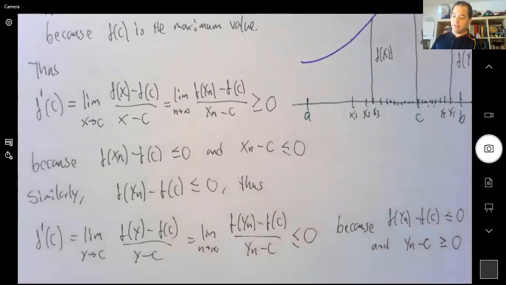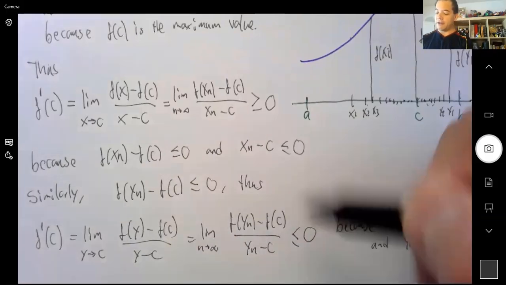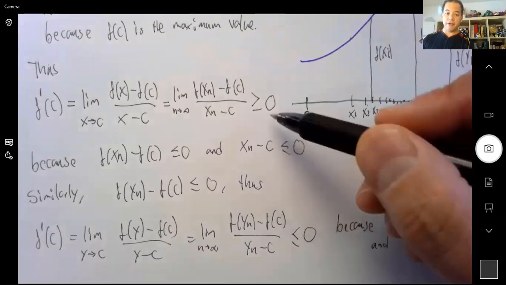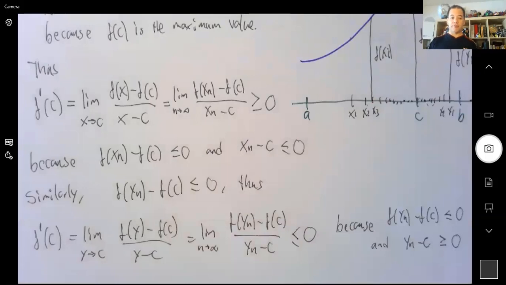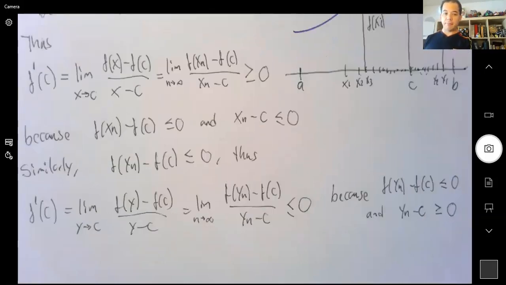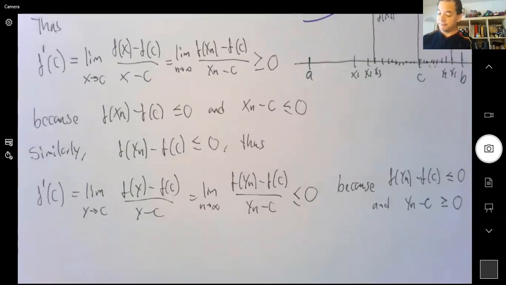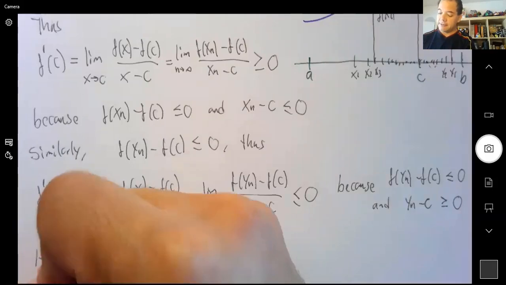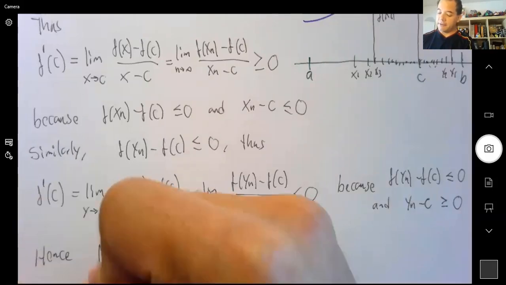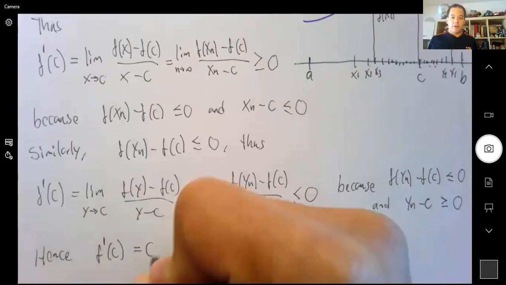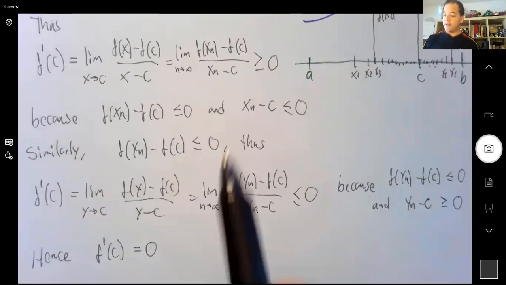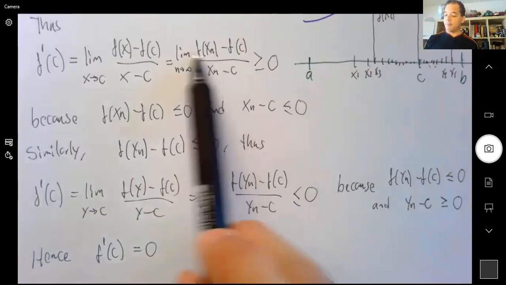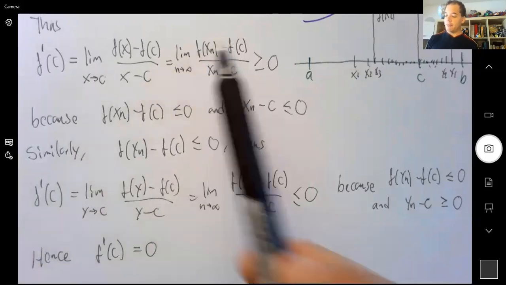And then that's it, right? Putting these two together, if the number is simultaneously greater than or equal to 0 and less than or equal to 0, there's only one logical possibility left, which is that f prime of c is equal to 0. Hence, f prime of c equals 0. All right, and we only did the maximum, but the minimum can be done the same way. If you do the minimum, the difference is that now this guy will be positive, and this guy will be positive.